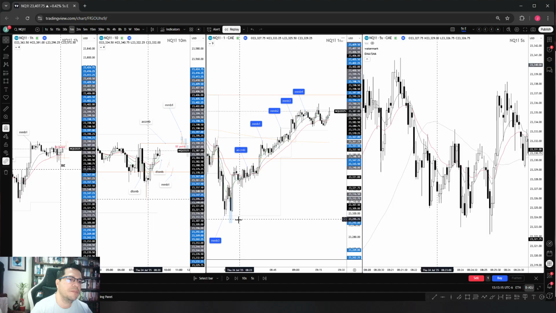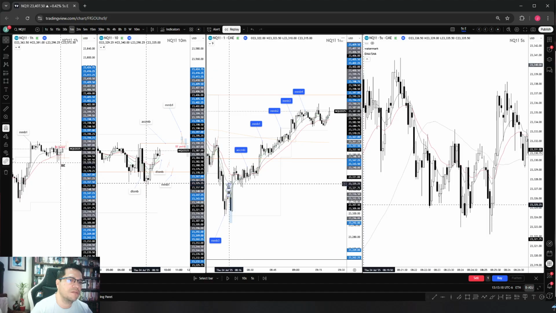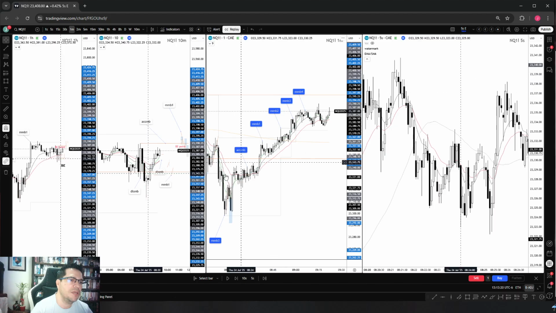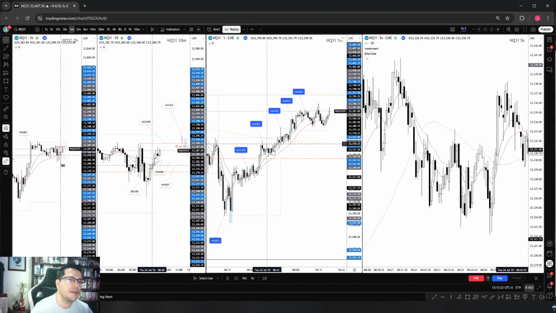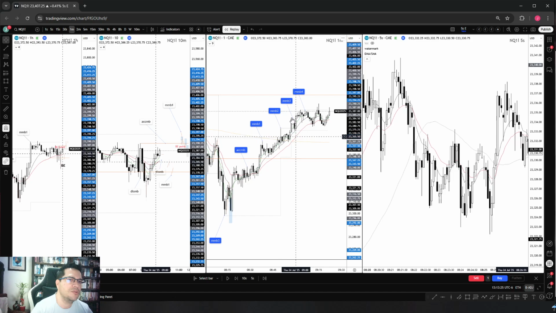So here we had the buildup of a cycle. This was kind of an accumulation, MB, as you can see, followed by MMB1, MMB2, MMB3, and maybe here by the time it comes to MMB4, this could have been an opportunity for us.